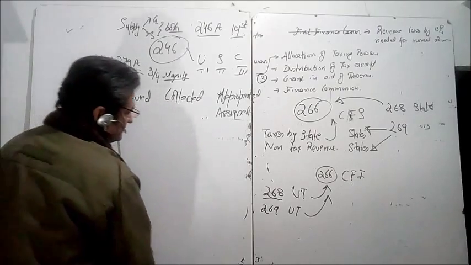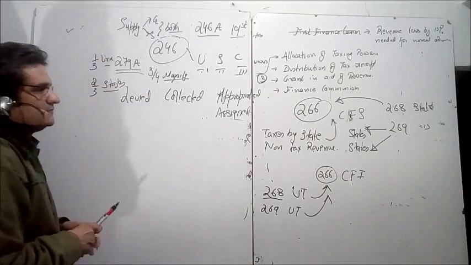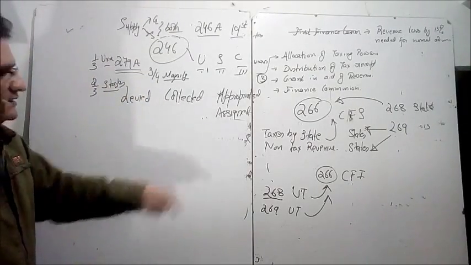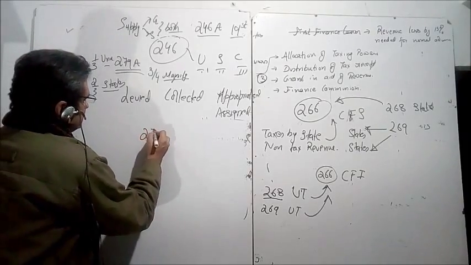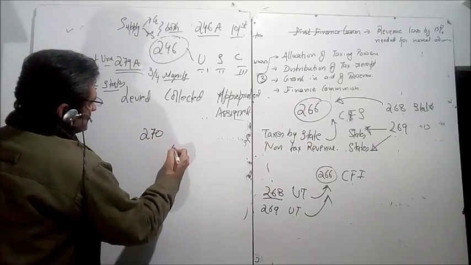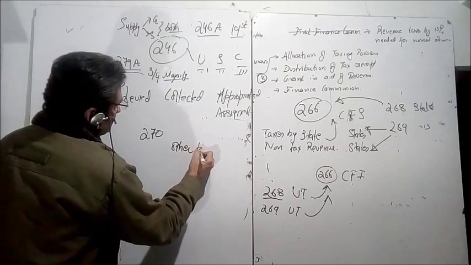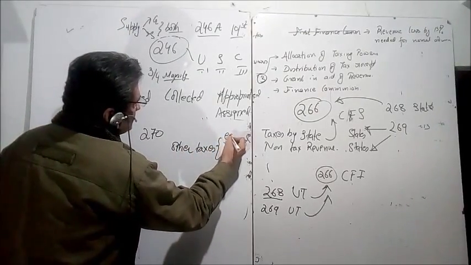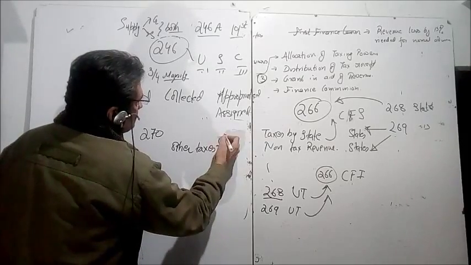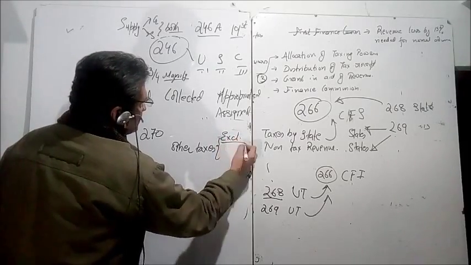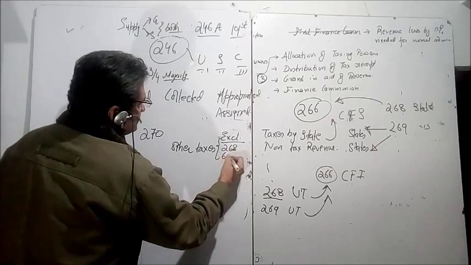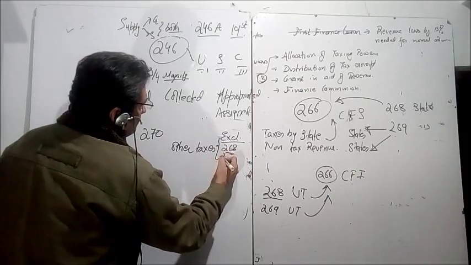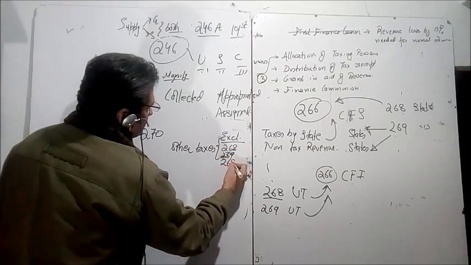Here it was on the basis of principles laid down by the Parliament, these articles which I covered, but 270 deals with other taxes, means excluding 268, 269, and 269A.